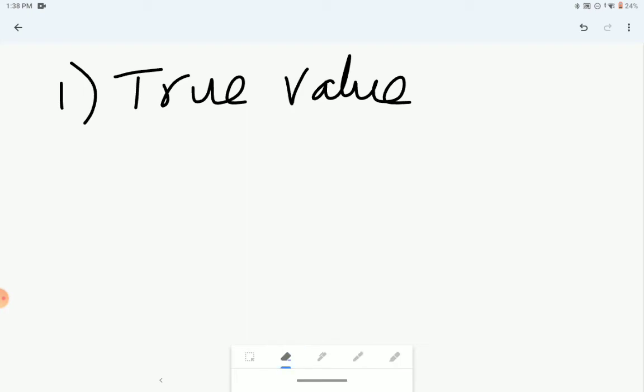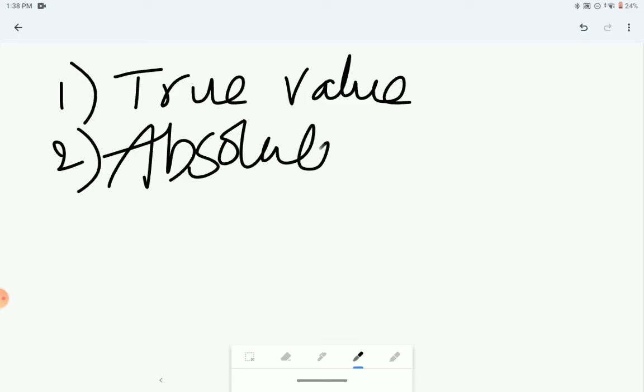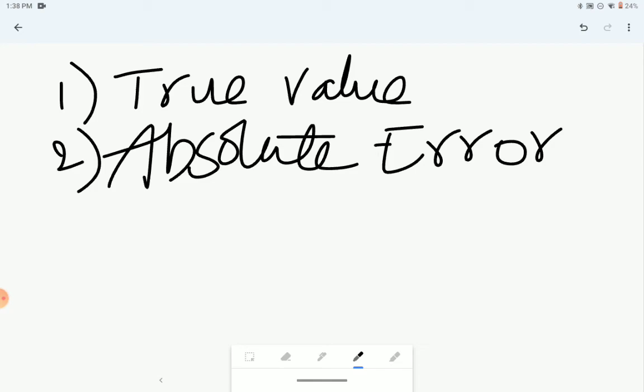After true value, you learned about absolute error. The absolute error is the difference between the true value or mean value Am and the measured value, given by delta a1.